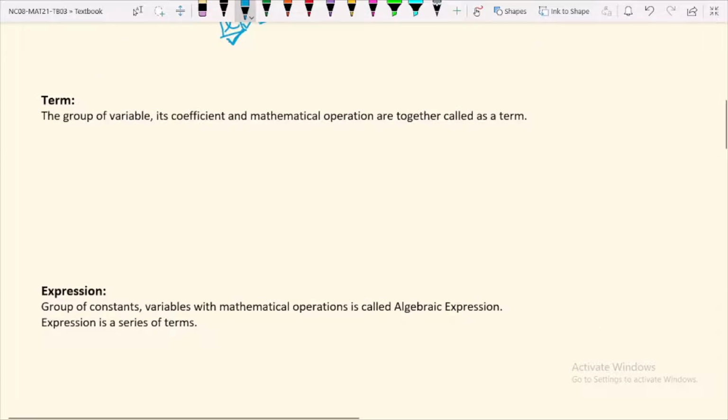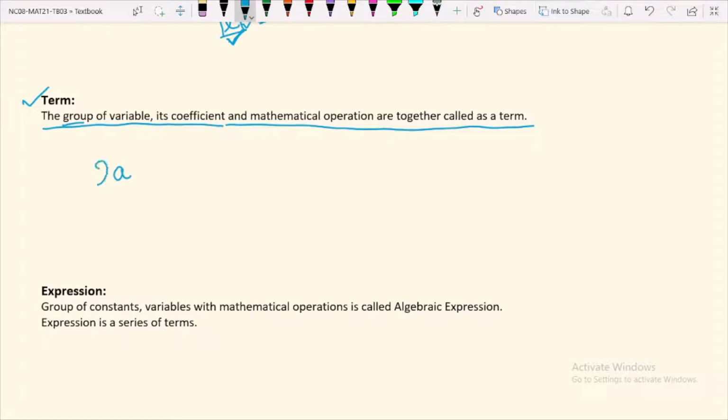This much we know. The next topic is term. We should know what we mean by term. The group of variable, its coefficient, and mathematical operation together are called a term. For example, if I am talking about apples, I can denote it as A. If I am talking about 2 apples, I write 2A. Here A is a variable and 2 is its coefficient.